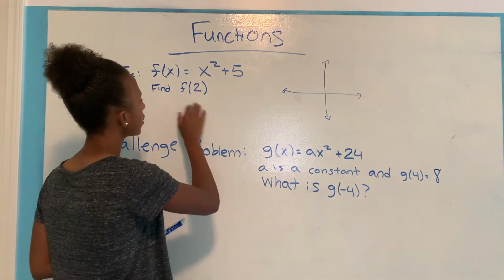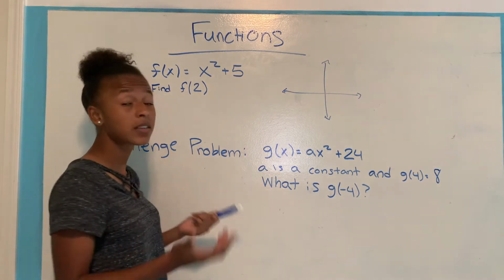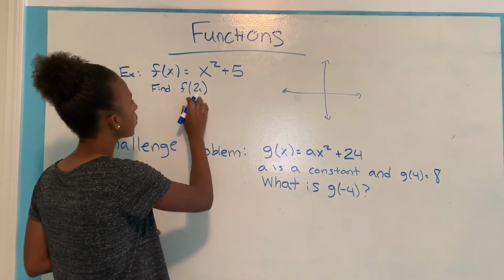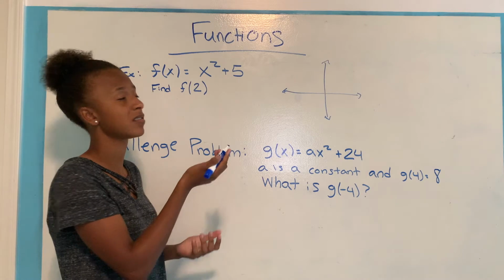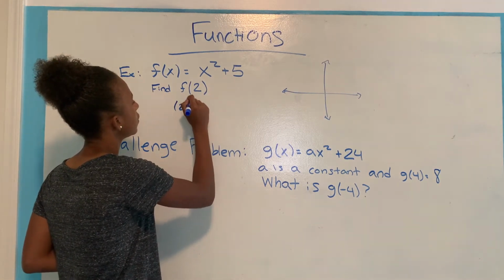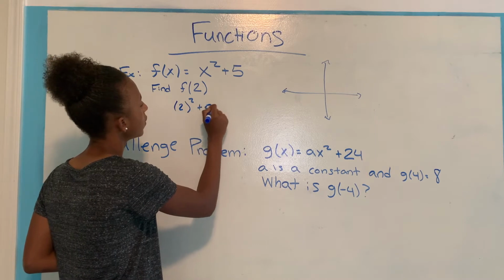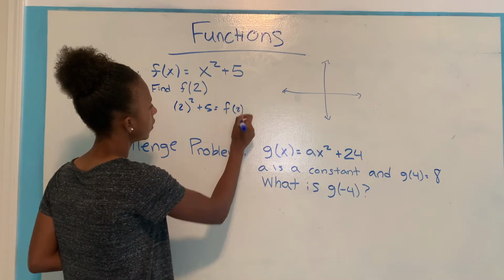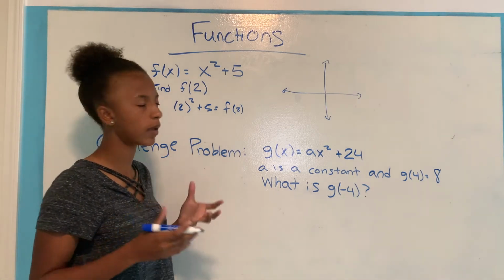Right, so let's start to solve this. So f of 2, that's the goal in this scenario, is to find that. So remember what I said, whatever's in parentheses, you're going to plug into x right here. So then it would be 2 squared plus 5 equals f of 2, which is really the y value, right?